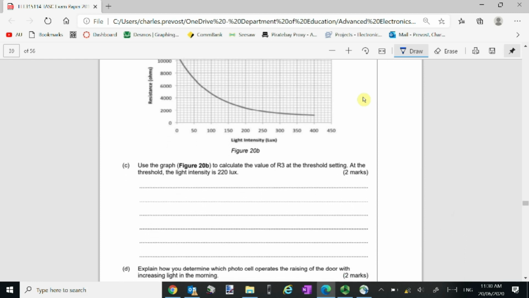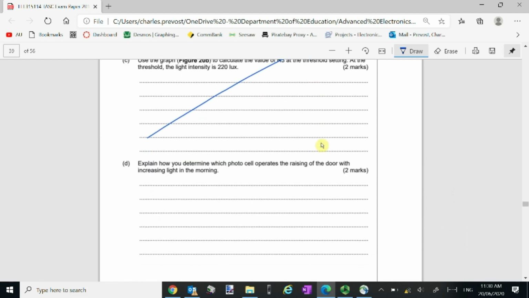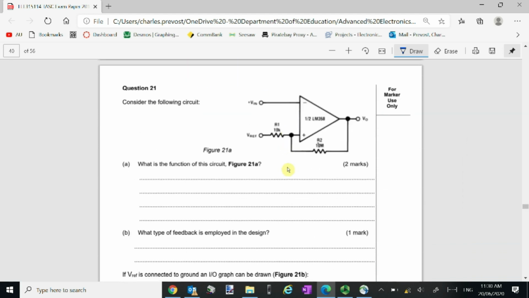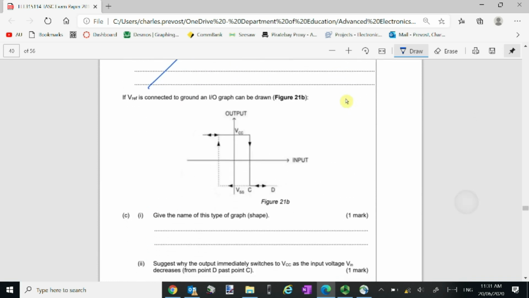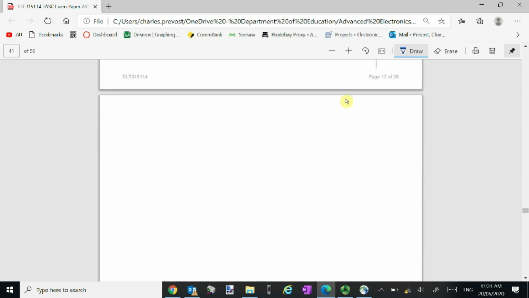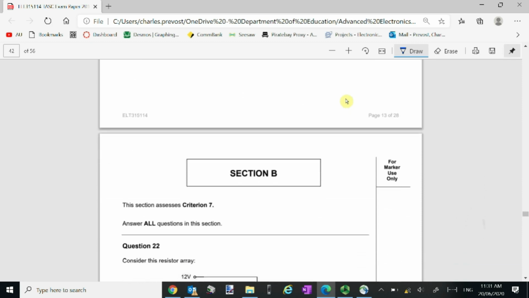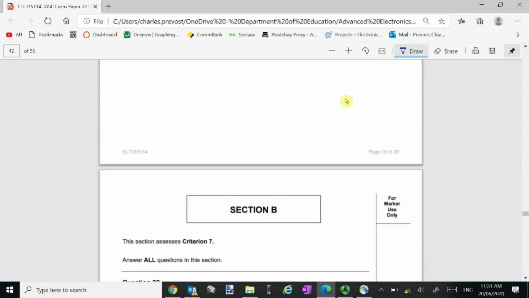No. So, need to know how the comparator works for that one. Yep, so both of those are out. Another op-amp question, so I'm not going to do that. And that's it for that section there.